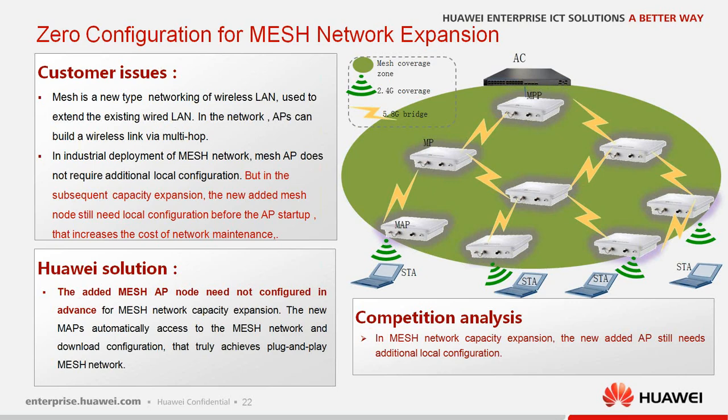The new mesh node automatically accesses the mesh network and downloads its configuration, basically achieving plug and play from a deployment perspective. Again, a great advantage when it comes to the time of deployment and time of upgrading those access points.